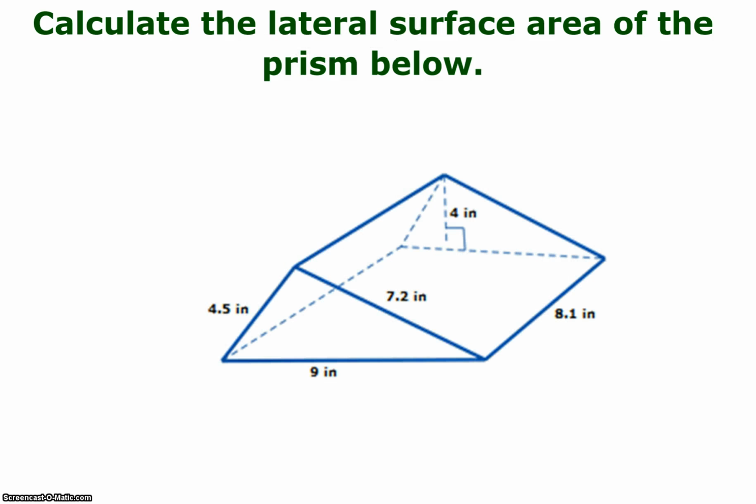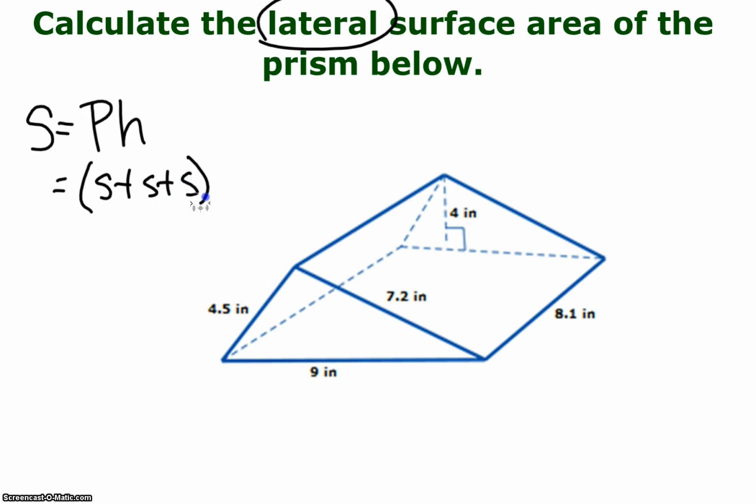Okay, moving on. Calculate the lateral surface area of the prism below. Lateral surface area formula is S equals perimeter of the base times height. Perimeter of a triangle is side plus side plus side, times the height. So I have 4.5 plus 9 plus 7.2.